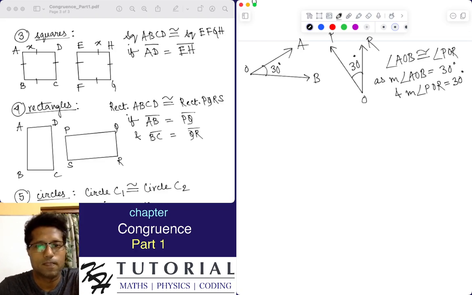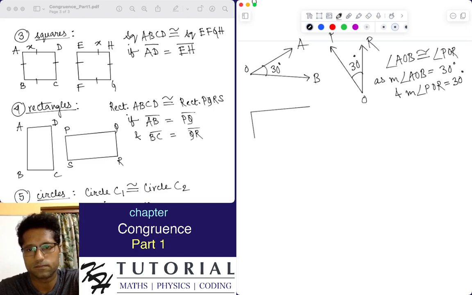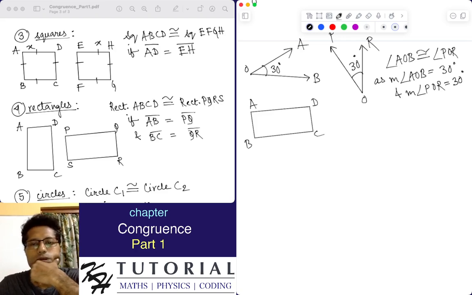Now, please note one thing. Let's say we have a rectangle, and we name this rectangle ABCD.